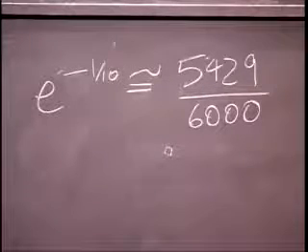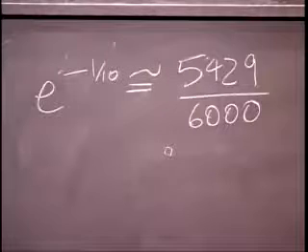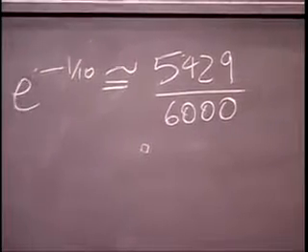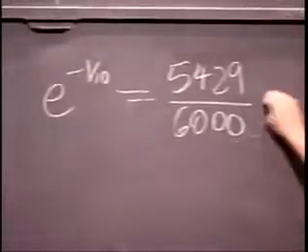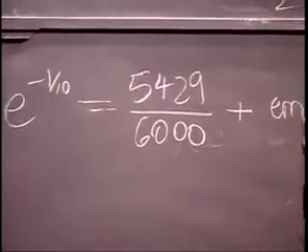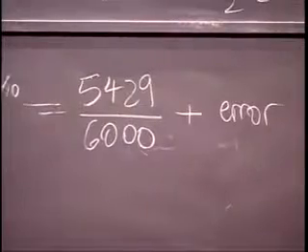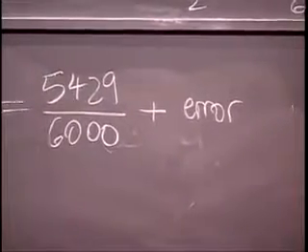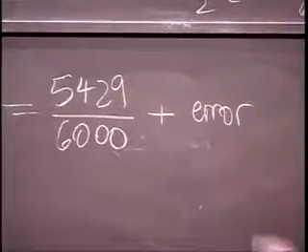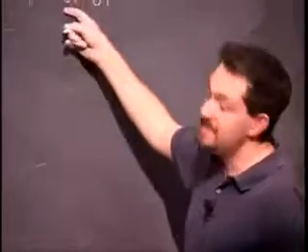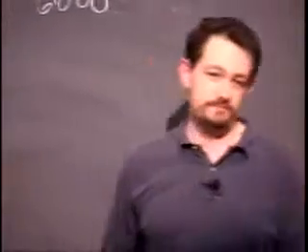A good way to understand this is to write that e to the minus 1/10 equals 5429 over 6,000 plus something, which I'm going to call the error. It's how wrong I am. Hopefully it's small. As we saw, it is very small. The point is that I can add a little bit onto this, and of course this could be negative, so maybe subtract a little bit, but I could change this by a little bit and get the correct number.